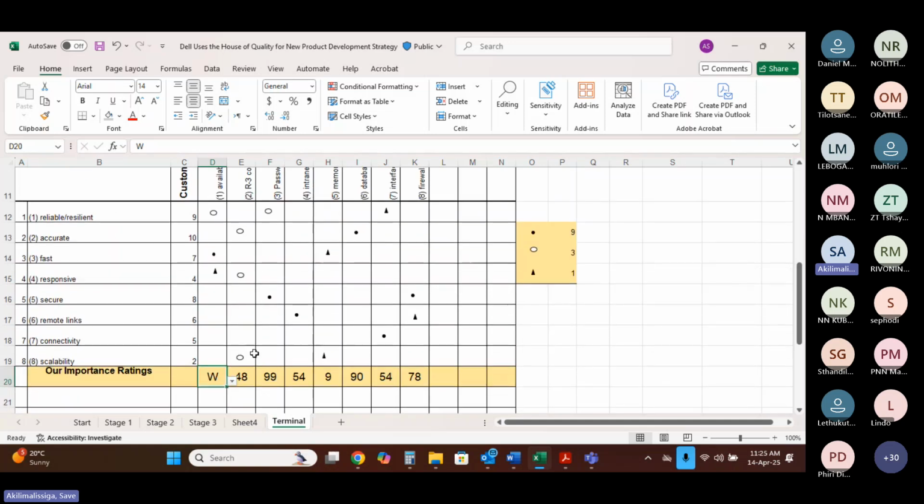You don't just focus on importance ratings here. You need to know the steps to come up with these numbers, and also the steps prior to this level.